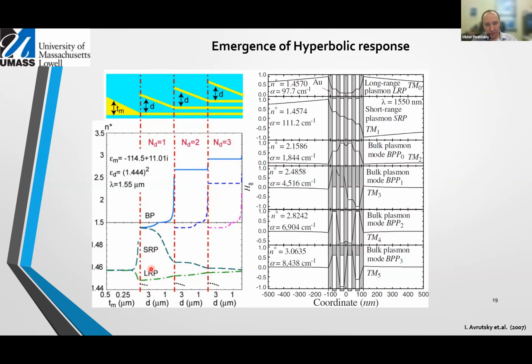modes. One of them is still short-range and long-range polaritons, but the third mode behaves as a bulk waveguide mode, shown right here. And we call this bulk plasmon. And as you keep adding metallic layers to the structure, you keep adding these bulk plasmon modes.